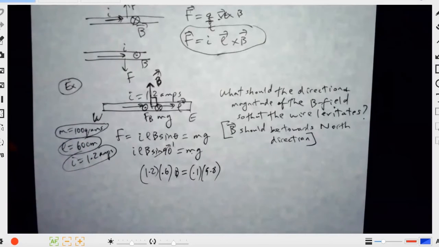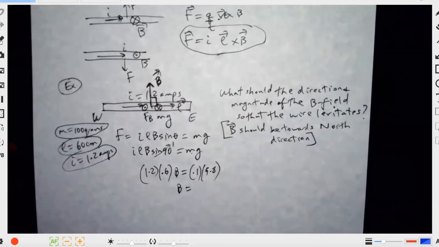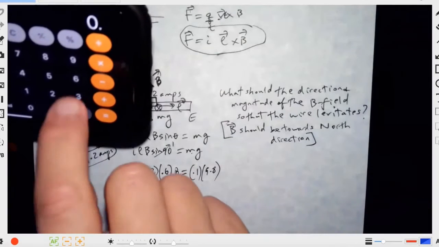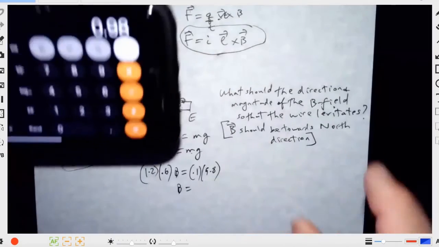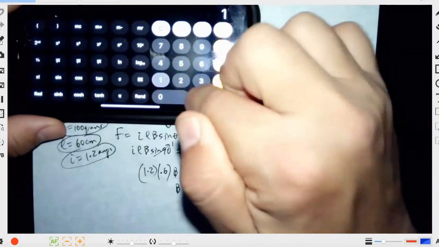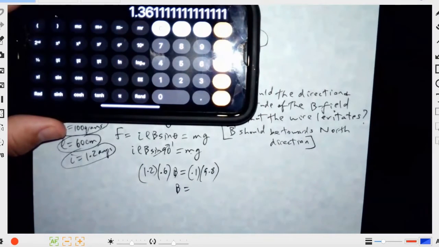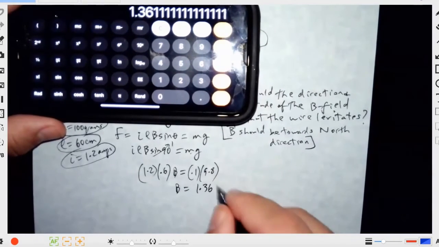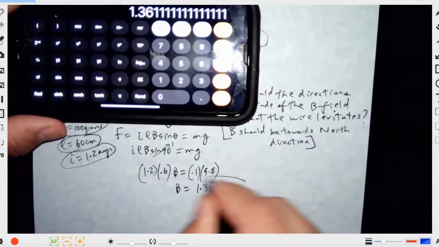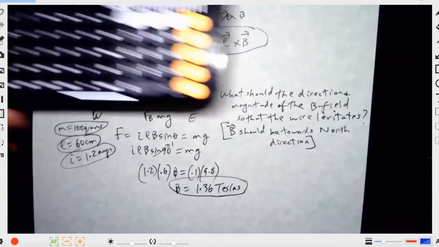That tells you how strong it should be. Yeah, that's pretty strong: 1.36 teslas. So you can have the wire levitating.